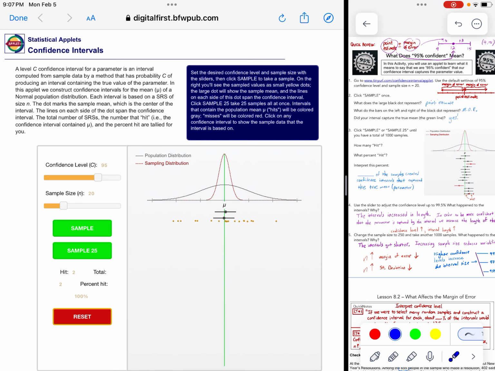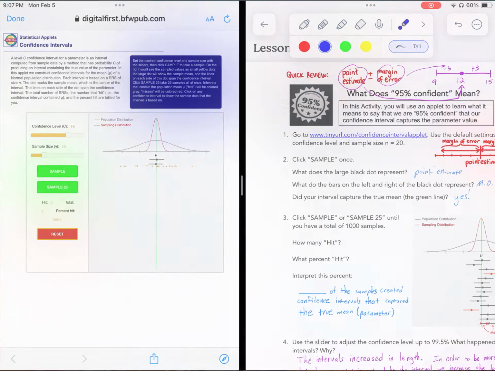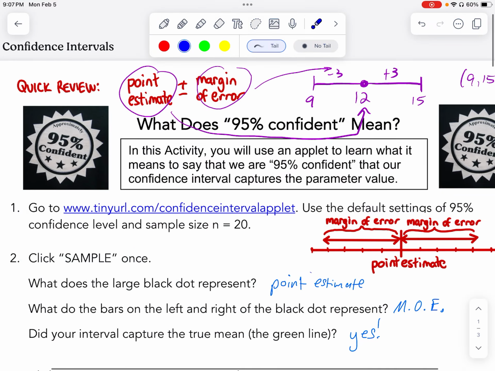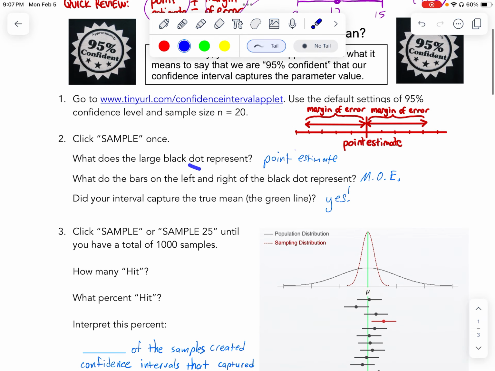Anyway, if you hit sample again, you get another sample with 20 gold dots, and the black dot in the middle is the point estimate. And then the little line going left and right represents the margin of error. So these black dots, they all represent the point estimate from that sample, okay?